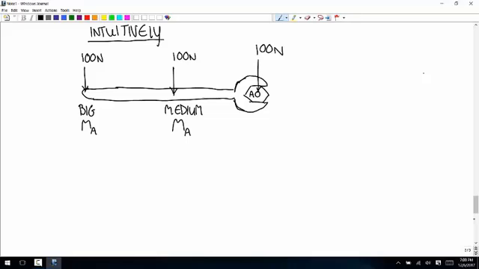The next question is, what happens if those aren't perpendicular? But what if the force vector isn't perpendicular to the line between P and A?